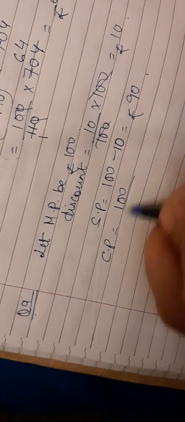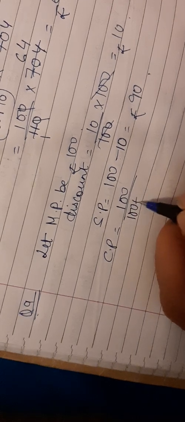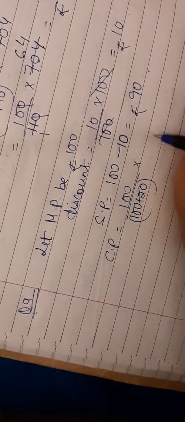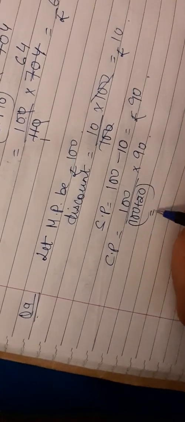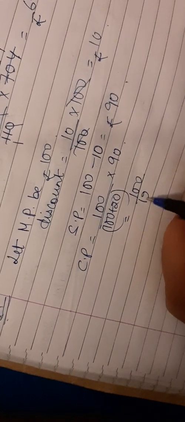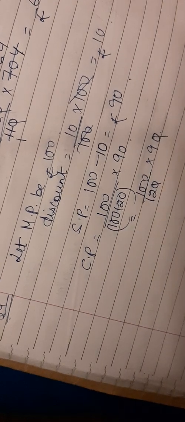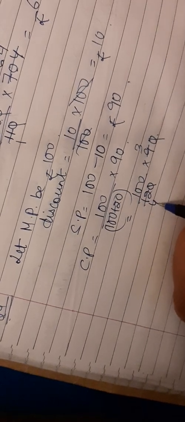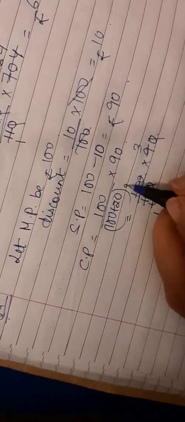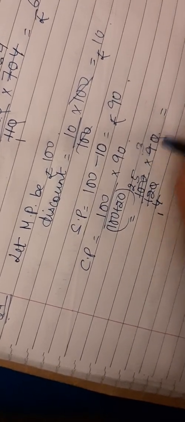CP is equal to 100 upon 100 plus 20, as the trader wishes a gain of 20%, into SP, which we have calculated as 90. So this comes out to be 100 upon 120 into 90. 0 cancels out. You have 3 3s are 9, 3 4s are 12, and 25 3s are rupees 75.